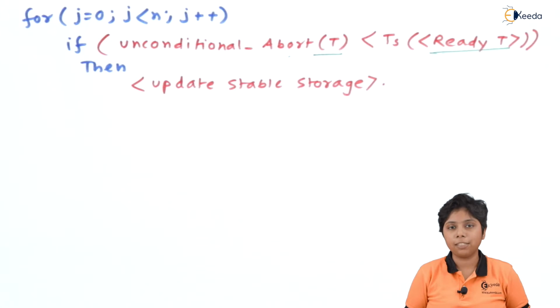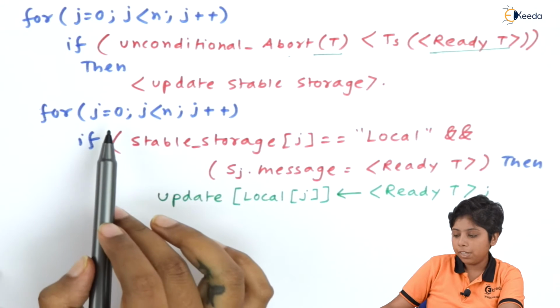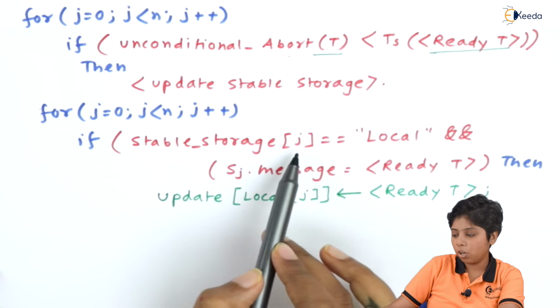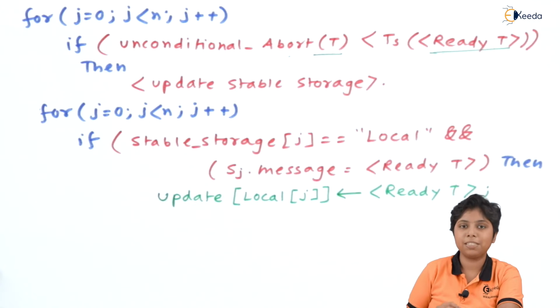So how can we do that? Now see that for every site, the stable storage of J is equal to local. That means they are updating their local stable storage, not the other site's information.